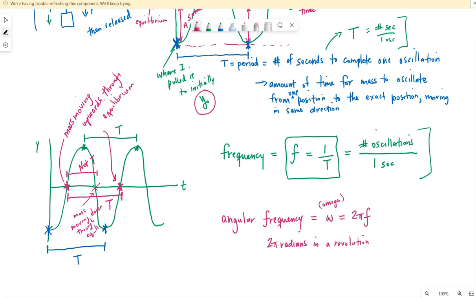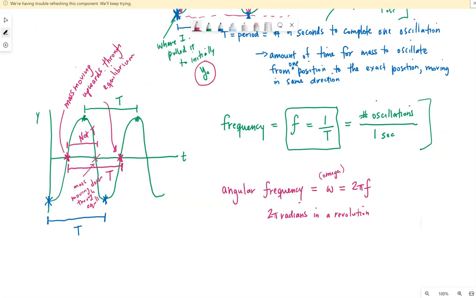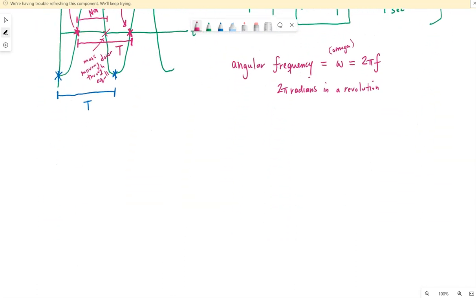So the way we represent this in terms of oscillations, if you imagine we have our mass on our spring, it's going to be oscillating up and down. Imagine a disc that has a peg on it. So this peg sticks out farther.